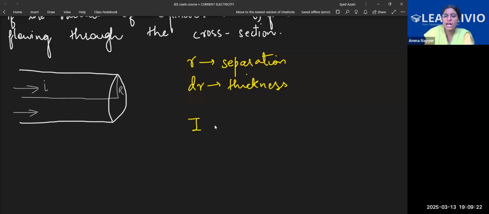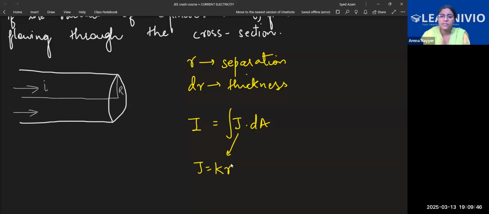The formula was I is equal to the integral of J dot dA. So we require two things: the current density and dA, that is the change in area. Now current density is already provided in the question. What's the current density given? kr. So this J is given as kr.